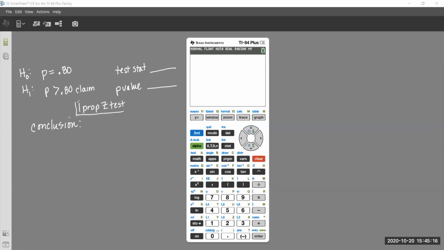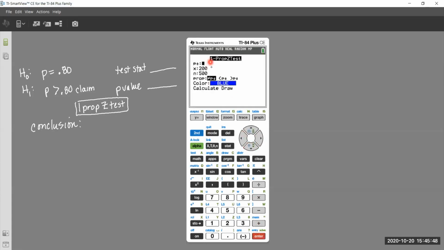And that is important that you write that down somewhere. So we're going to find that by going to stats. You're going to move over to tests, and you're going to go all the way down until you see a 1 prop Z test. We've done the interval before. This time we're doing a hypothesis test. 1 prop Z test. Enter.